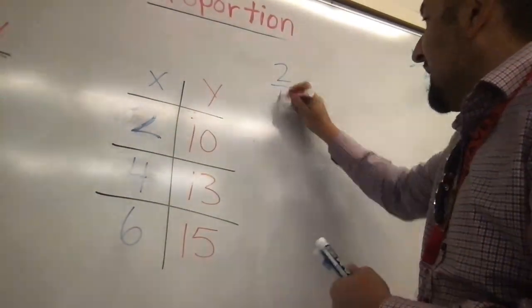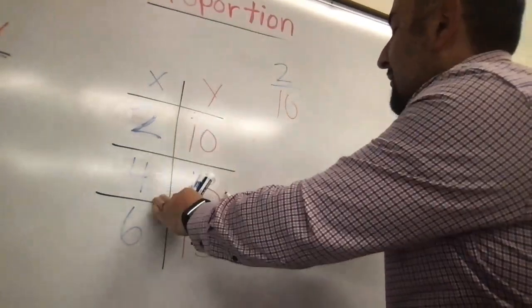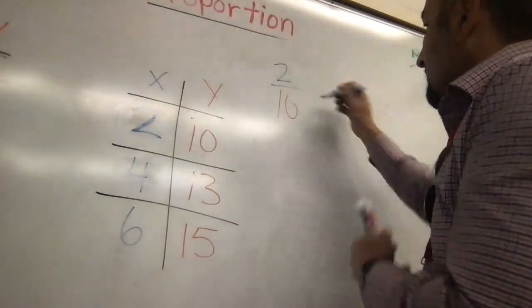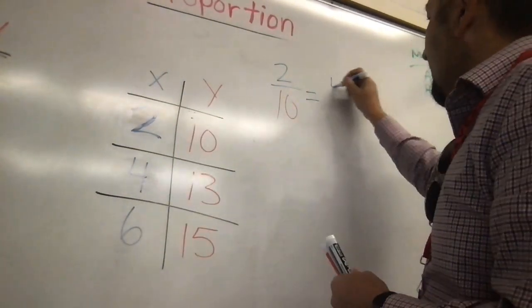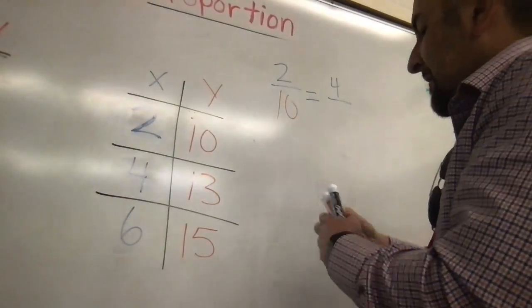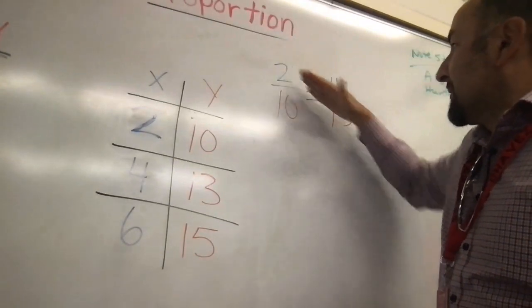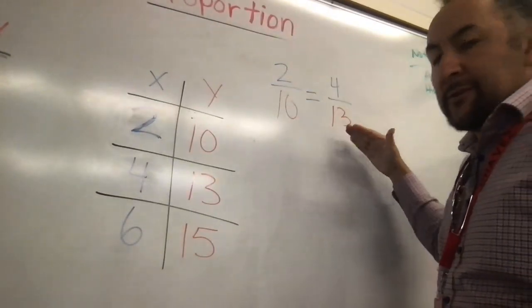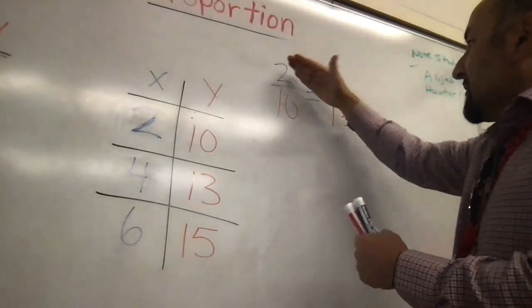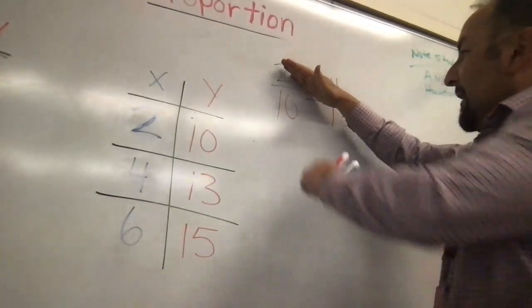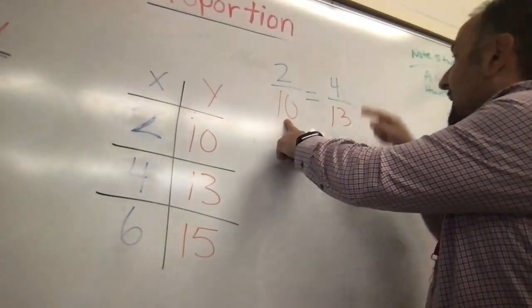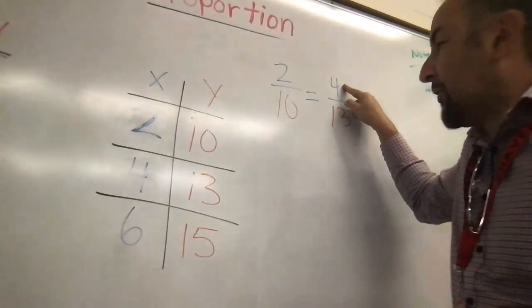2 and 10, is that equal to 4 and 13? So let me cross multiply. 2 times 13, use a calculator if you need to. So that's 26. And then when I divide it by this number, my answer needs to be this if it's proportional.